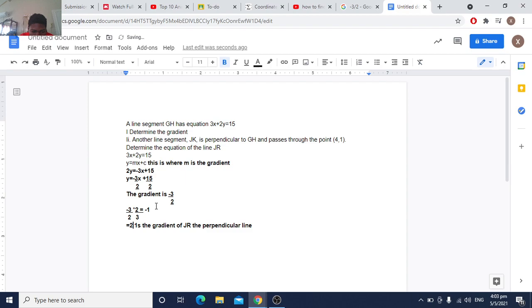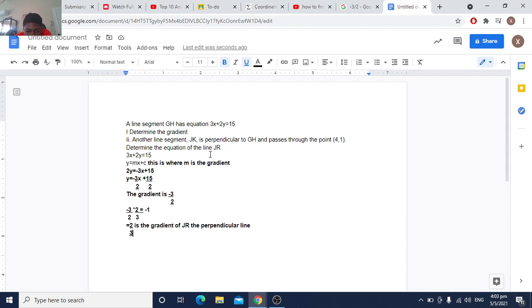She said 2 over 3, my bad. 2 over 3 would be its gradient. So yeah, 2/3 is the gradient of JK. And now what it wants us to find is the equation.